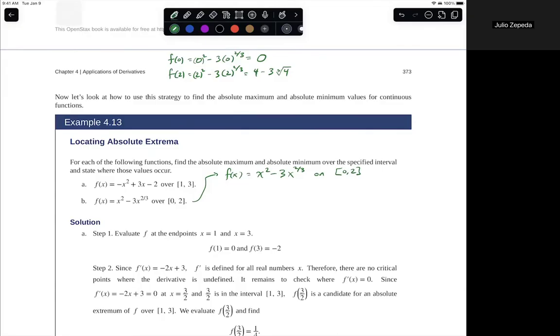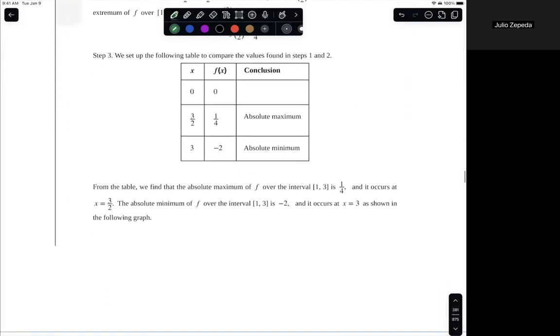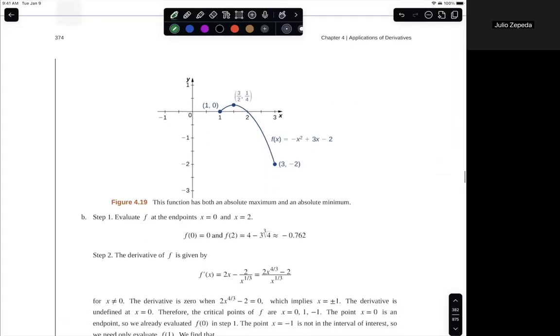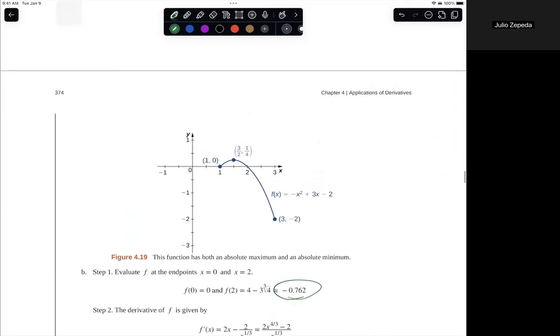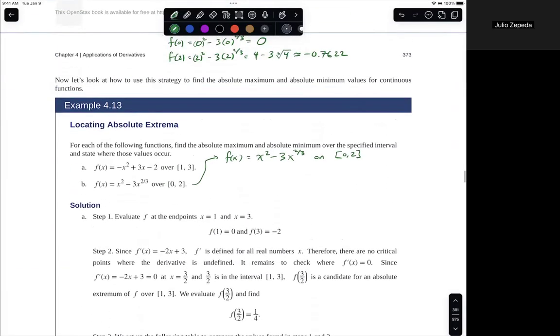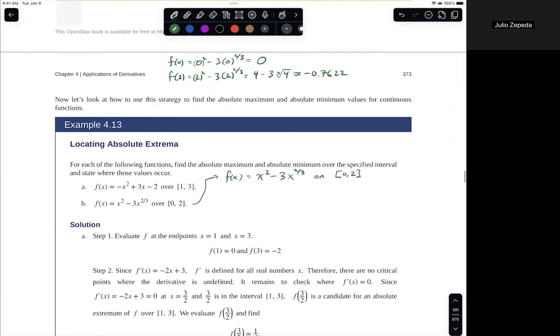I'm getting approximately negative 0.7622. Let's make sure that comes out. Yes, okay, nice.